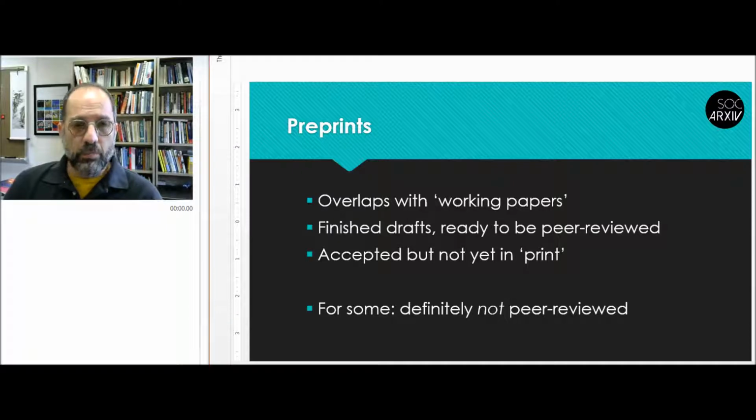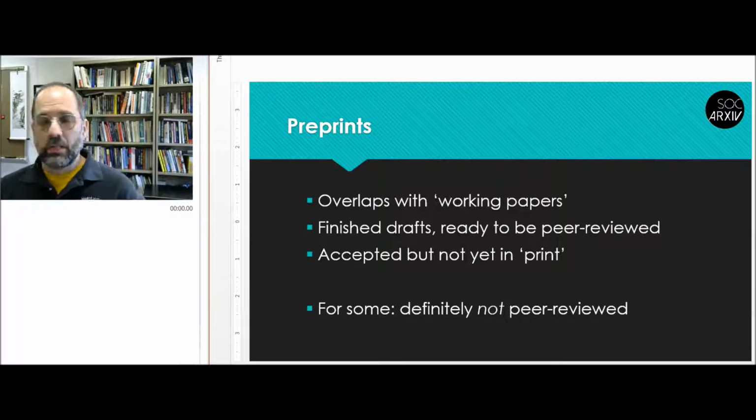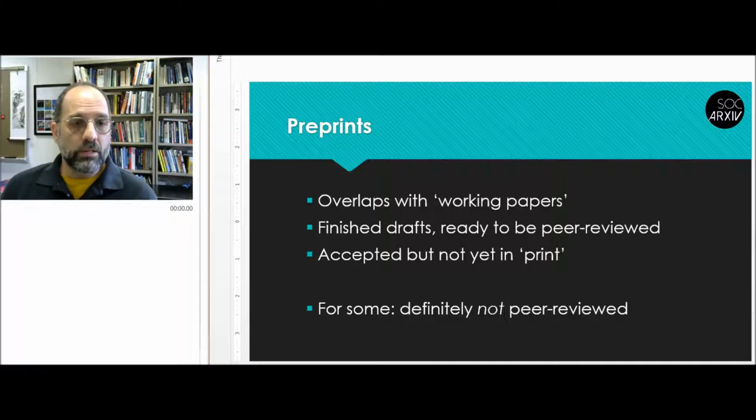So, for example, some journals in sociology will not consider your work if it has already been peer-reviewed or been presented in a peer review format somewhere. So if you're considering it as a preprint, that means you've distributed the work, but it has not been subject to peer review, and you can submit it to a journal. It will be considered an original submission and something that they can have an exclusive right to peer review and then distribute if they accept it. So that's what preprints tend to be.